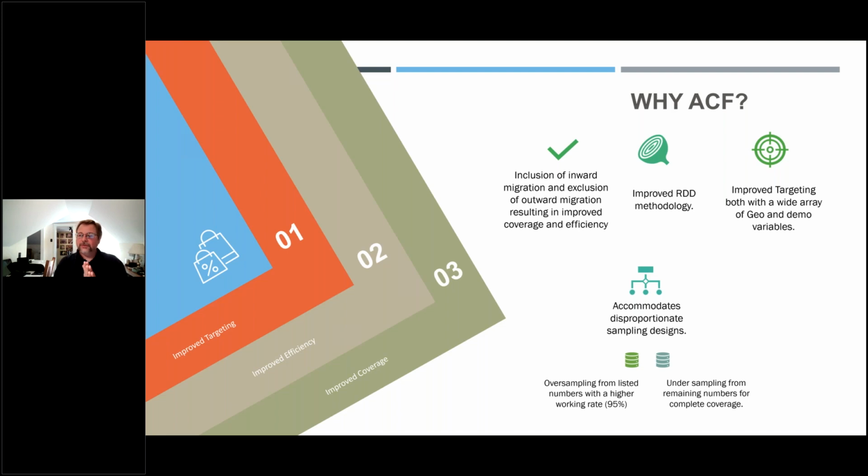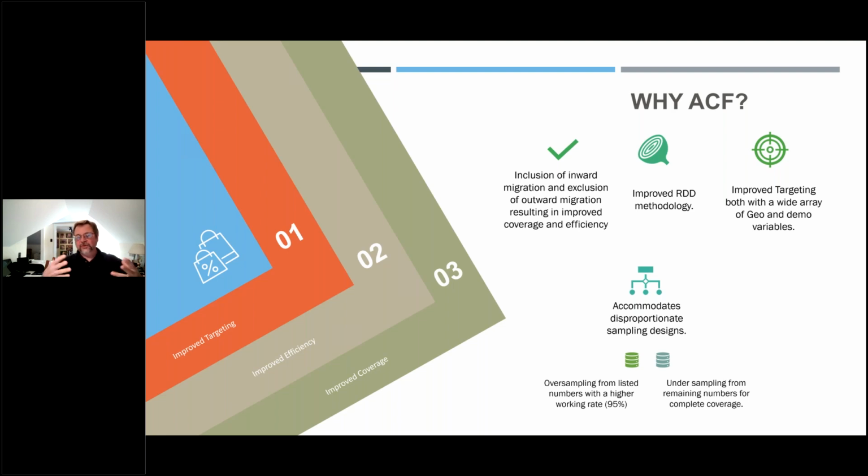It also offers you a couple of different sample designs that you can employ depending on the needs of your project. If you still want to do an RDD, a traditional EPSEM sample, this frame creates a more advanced and improved version of that.